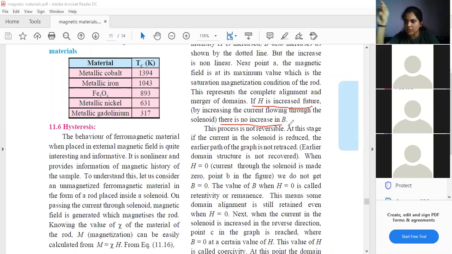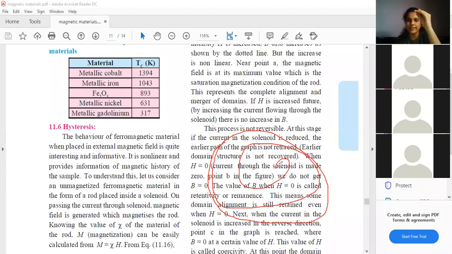After reaching the saturation point, even if you increase the current, even if you increase H, it is of no use. Next, see here in your textbook, they have just written it quickly in short. They have not mentioned that after reaching the saturation point, we decrease the current, like how I explained. So please keep the explanation in mind when you are reading this later.